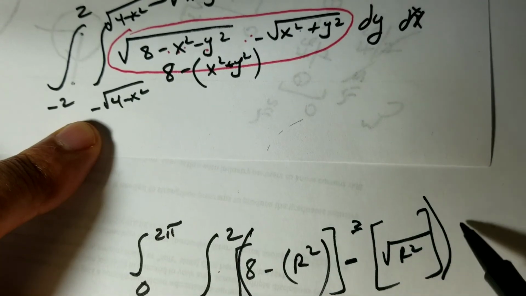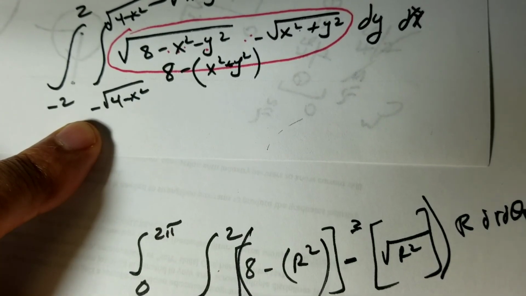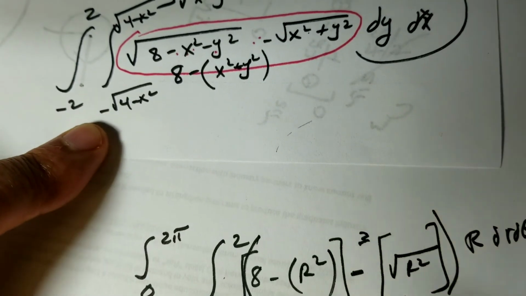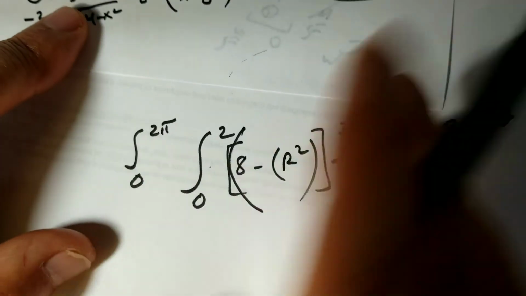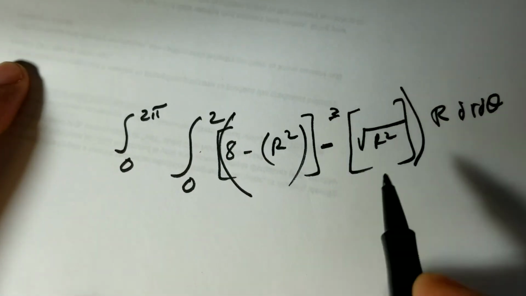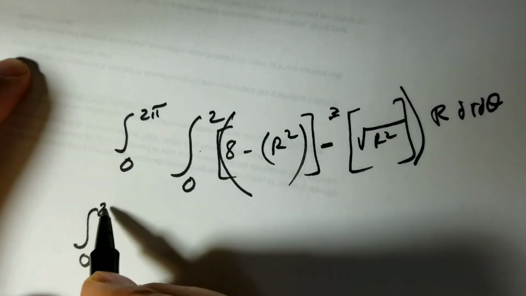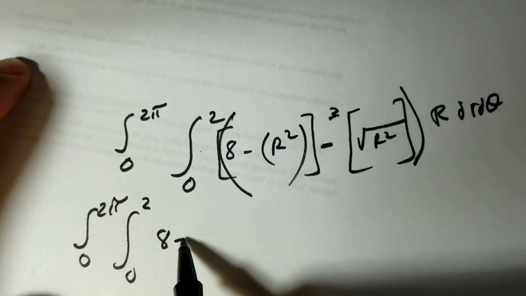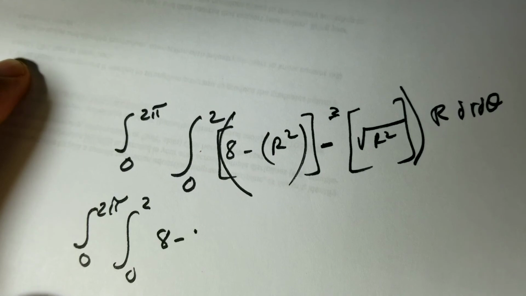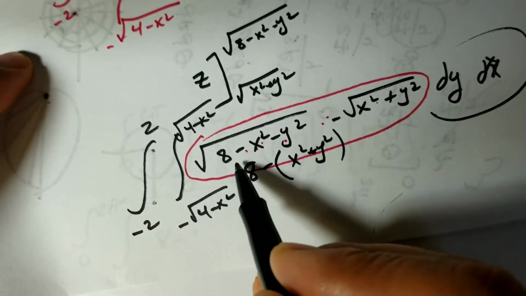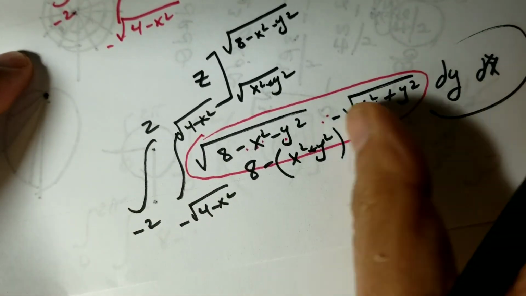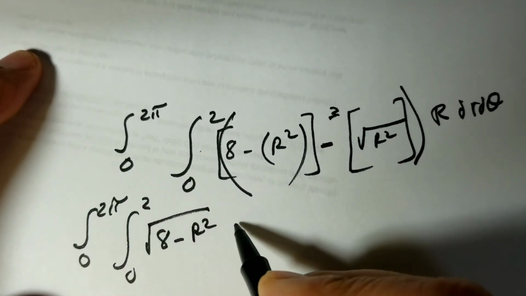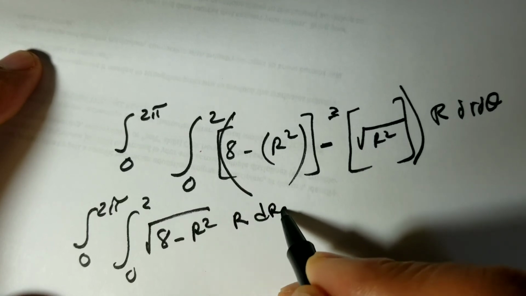And all of it has r dr d theta in place of dy dx. This is two integrals, so I write it as a difference of integrals. I put 0 to 2 pi, 0 to 2, the square root of 8 minus r squared, which was under the radical, and I forgot, and I have the r, and the r d theta.